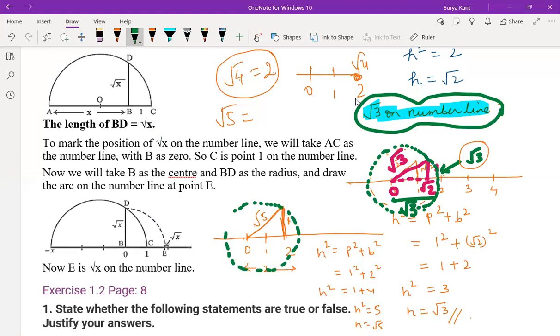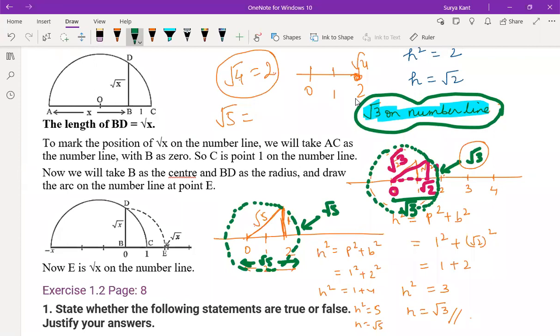So this distance is nothing but root 5. Is it clear to everyone how to represent root 5 on the number line? If you are having doubts, you can ask.